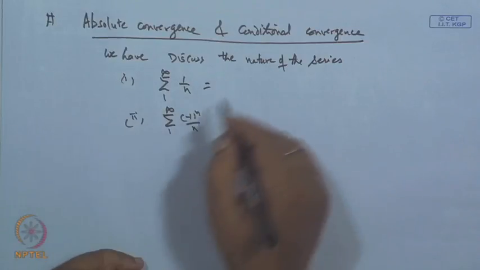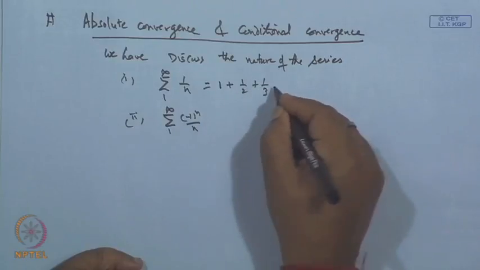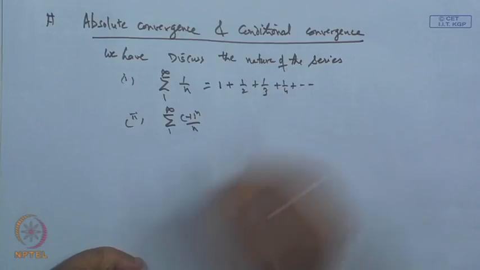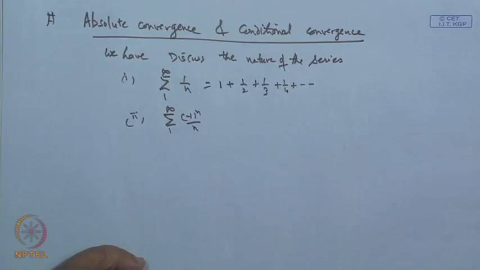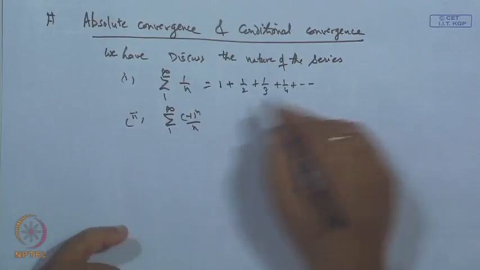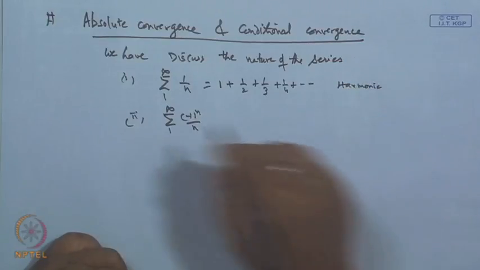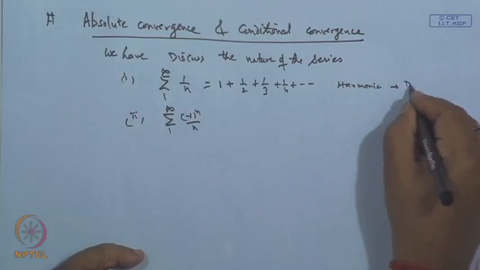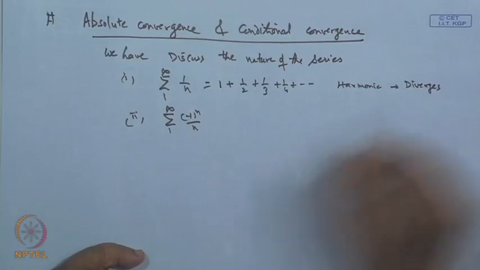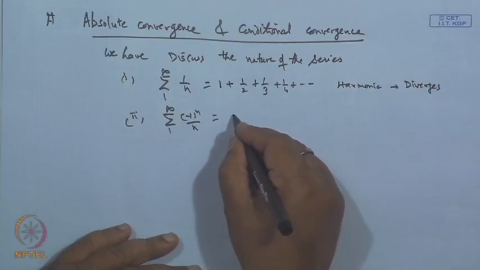In the first series, all the terms are positive and in fact strictly greater than 0. This is the harmonic series, which we have already shown diverges. While in the second case, the terms are alternately positive and negative.